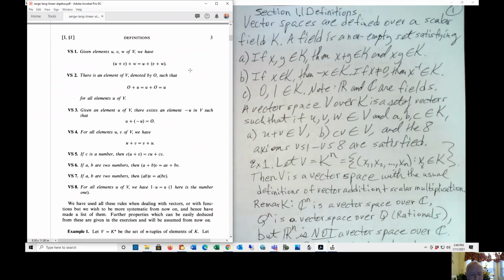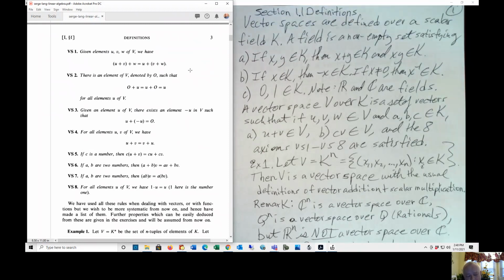So looking at the vector space axioms now, 1 through 8 here on page 3, in addition to the two closure axioms, all 8 of these must be satisfied before we have a vector space.